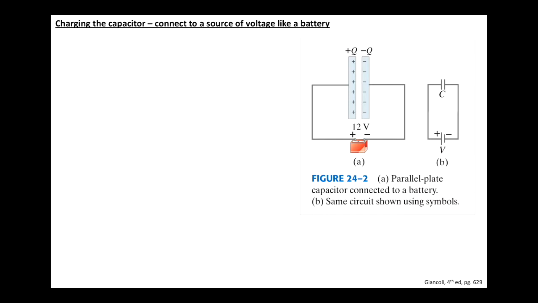We charge it by connecting it to something that can provide a voltage. Think of this as a source of potential difference, if you want to go back to last chapter. And another device that we don't know a whole lot about yet, called a battery, which we all use all the time, is something that provides a source of potential difference.